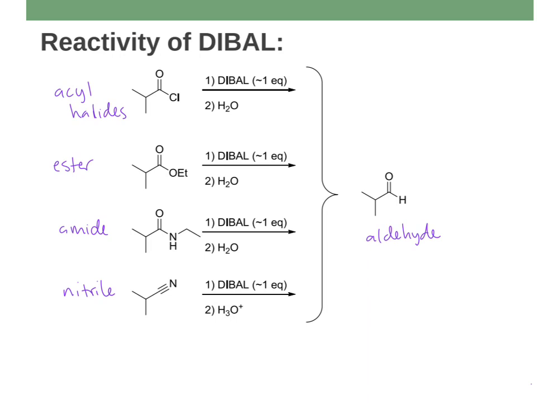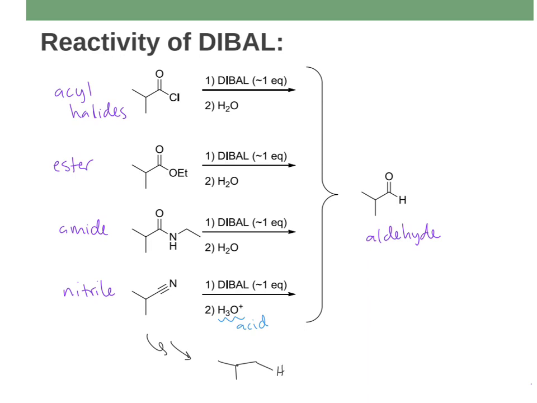Now I should note that in reality, the esters are a little so-so, they can be kind of messy, but acyl halides generally behave pretty well. Amides behave pretty well. Even the nitriles are not so bad. The nitriles, I will make a note here. Nitriles, you notice that I did add acid, and that's because for the nitriles, what happens is as an intermediate, you get kind of an imine.